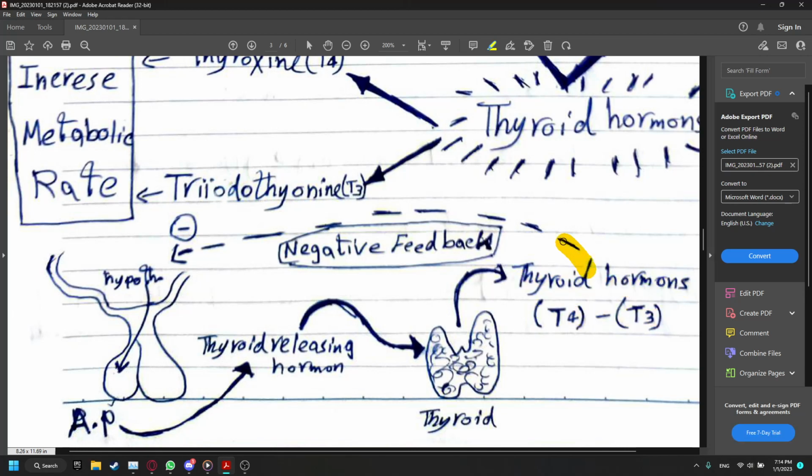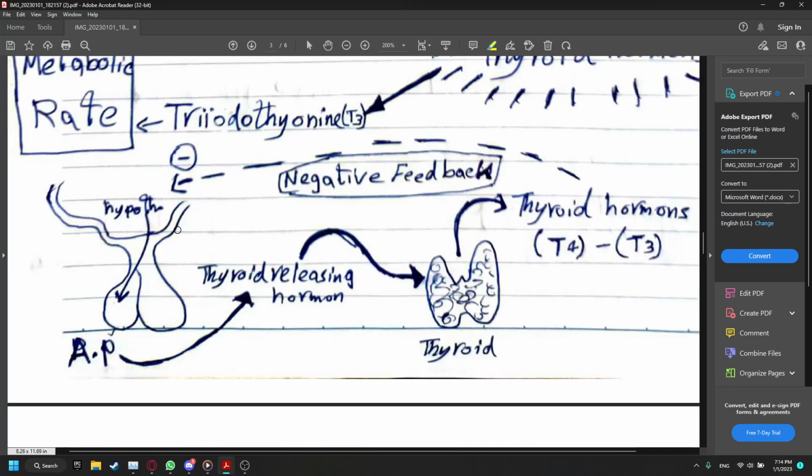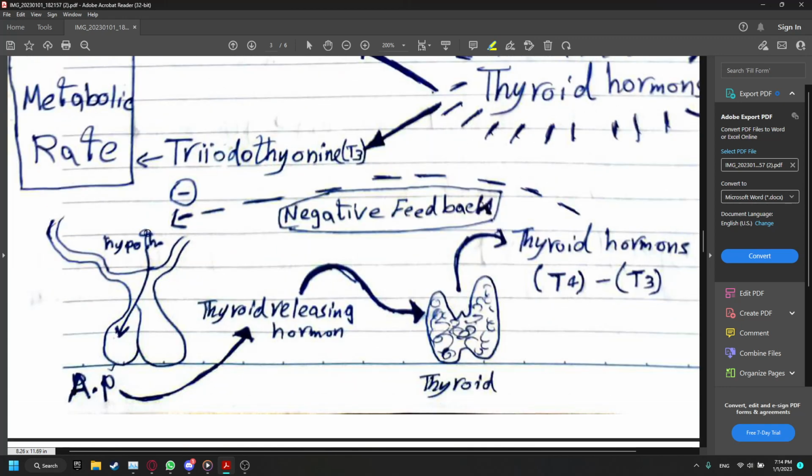Well, it creates a negative feedback on the hypothalamus here, which tells it to stop producing thyrotropin releasing hormone, TRH. Ask it to stop producing TRH.